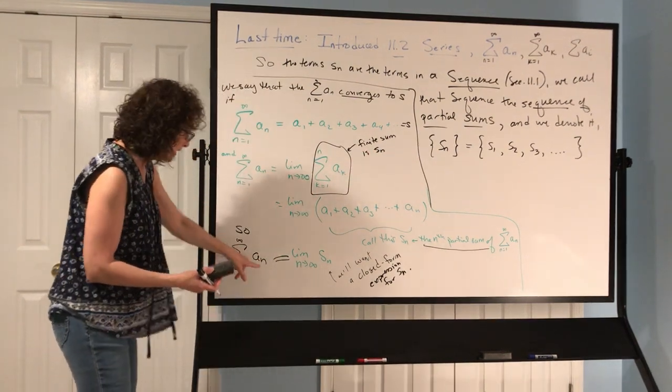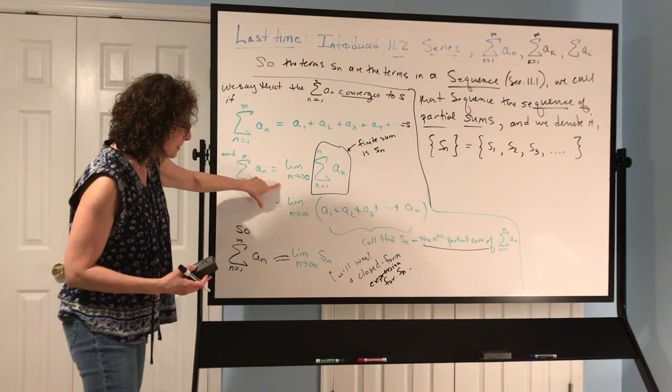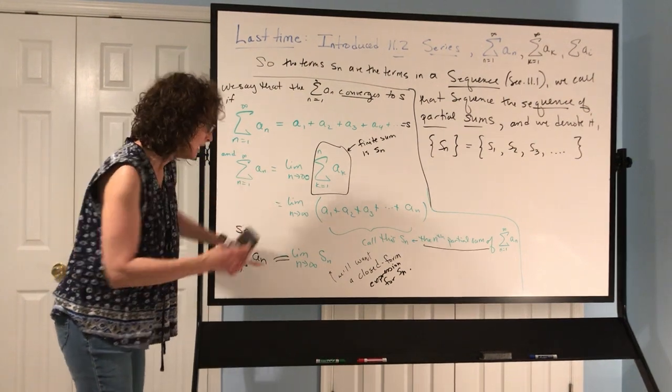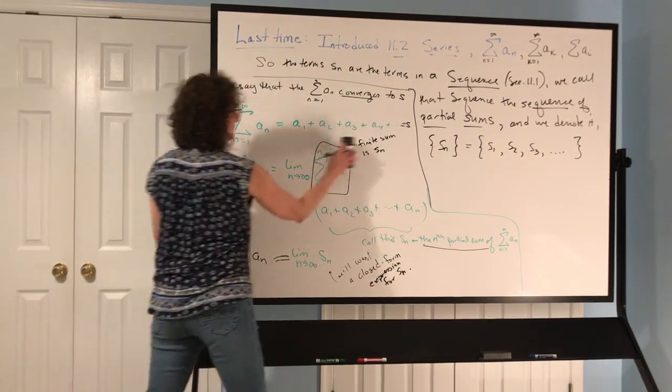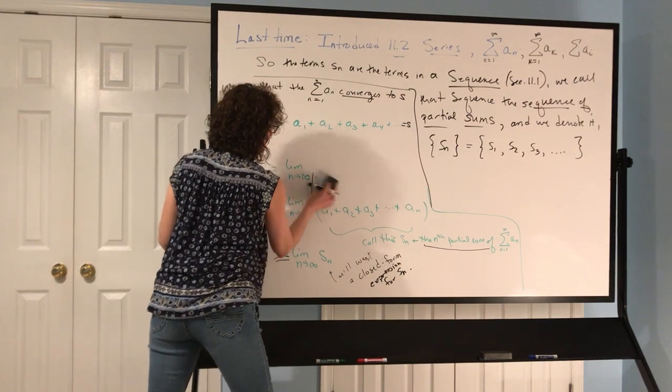It means that if we take the limit of the nth partial sum, then I'm just going to write in Sn here because we know what that is.